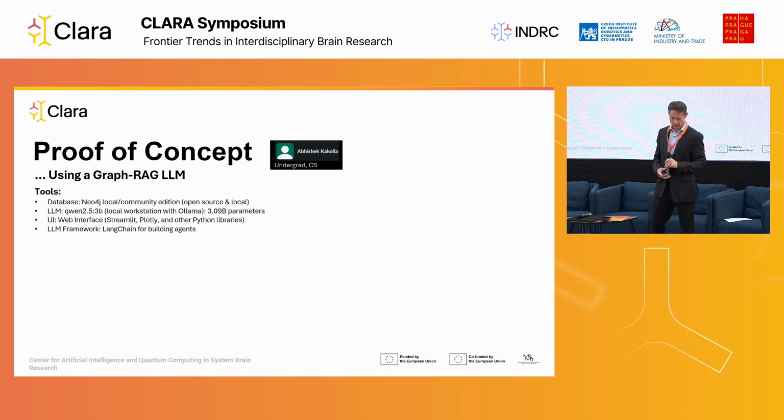So again, the proof of concept that an undergrad in computer science generated was a very small large language model that was augmented with this graph RAG. Everything is local: local database, local large language model, only 3 billion parameters, so it starts relatively dumb. It's really unsmart. But you can access it with a web interface, and we built a few agents to interact with it.